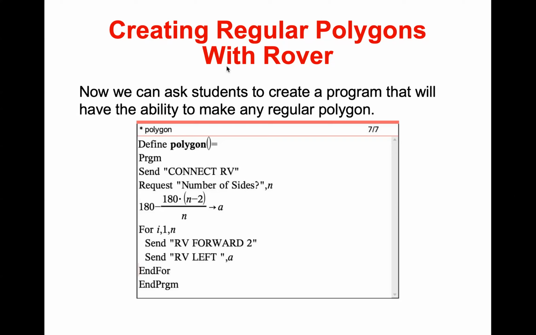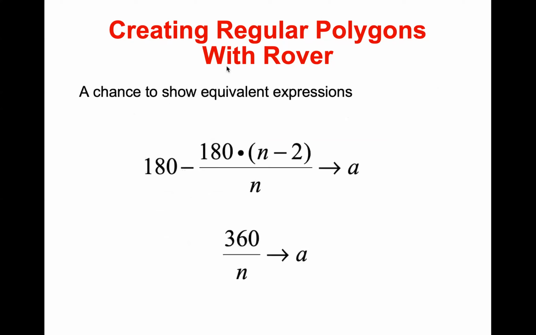That looks kind of clunky, that 180 minus that fraction and storing it as a variable. I discovered, I didn't even think about it, that if we simplified that top expression, we get just 360 divided by n, which I believe is the exterior angle formula for any n-gon.